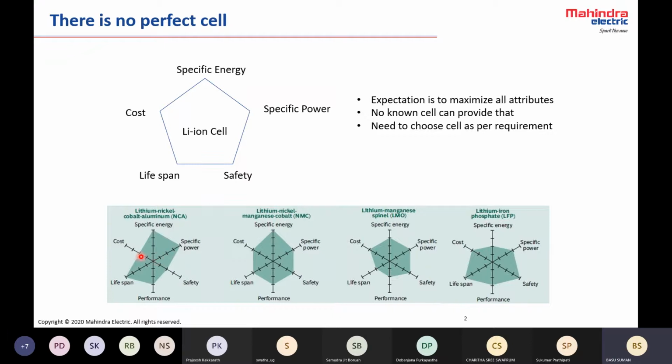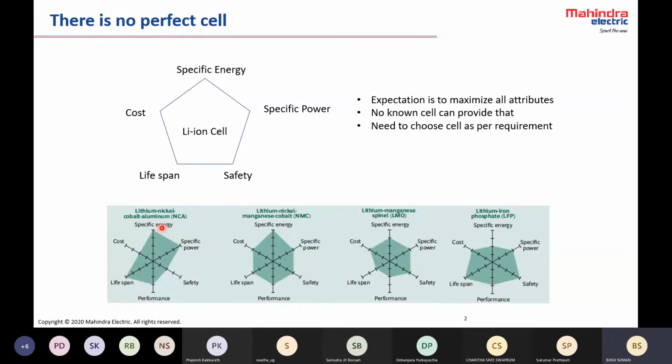So when we say cost is bad, that means cost is high. Whereas for energy, if we say specific energy is good, that means specific energy is high. So closer to center is bad, going outward is good.